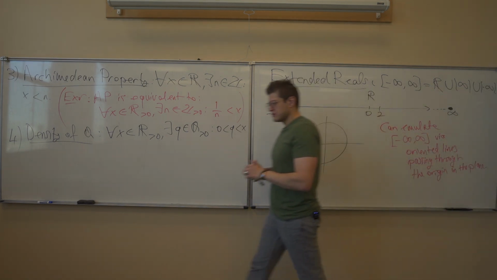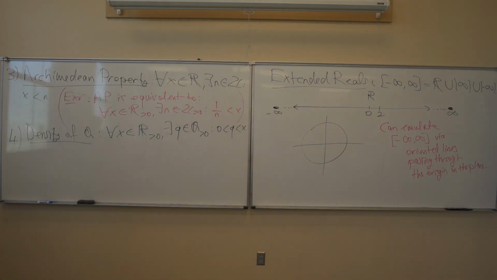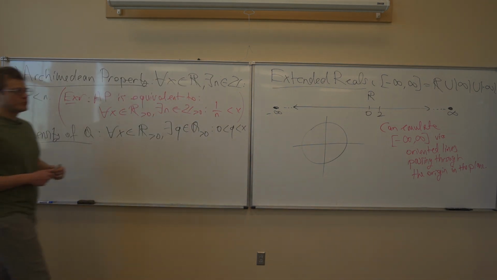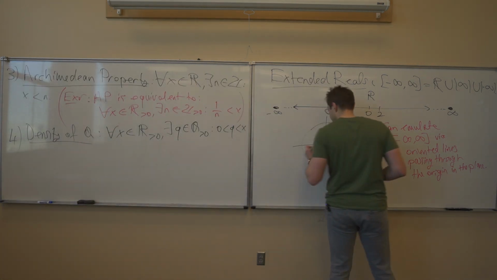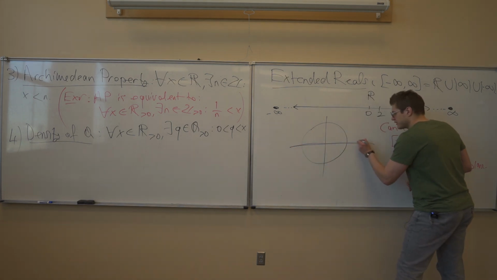Okay. So the horizontal line, slope 0, is going to be my number 0. But I want it to be this way.